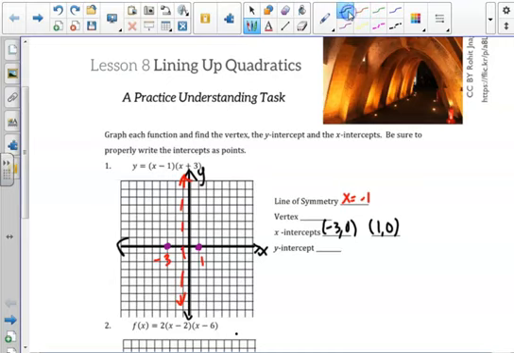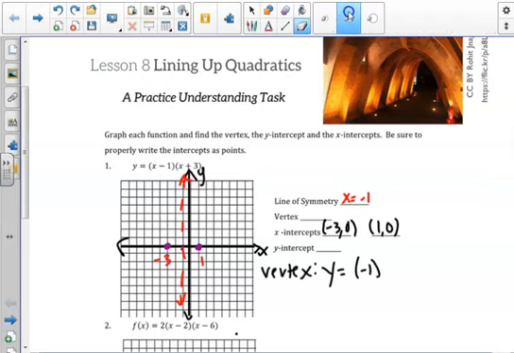The next step is to figure out our vertex. To figure out our vertex, we discussed that you can plug in your x value for your line of symmetry. In this case, it was x equals -1. And we're going to plug it back into our original equation that was in factored form.